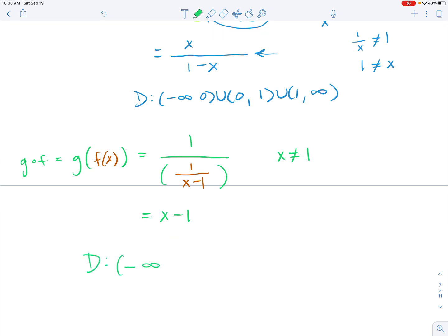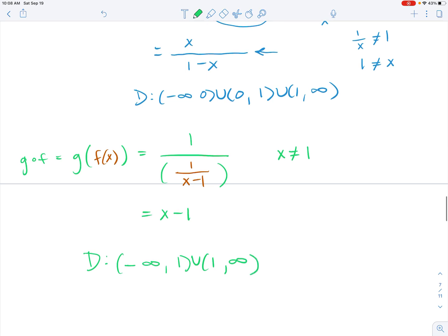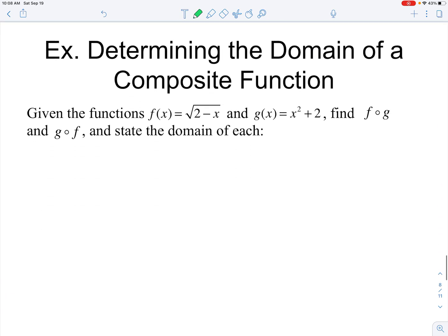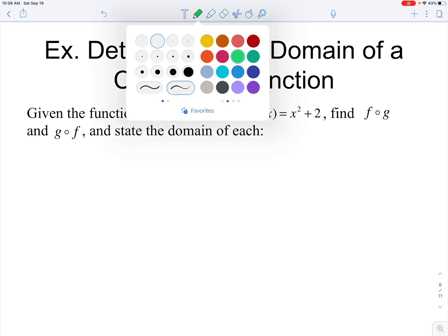So to write that, that will be negative infinity to 1 union 1 to infinity. Okay, and I'm just trying to give you guys a few examples of where you could end up with some trickier domain restrictions from composing the functions.